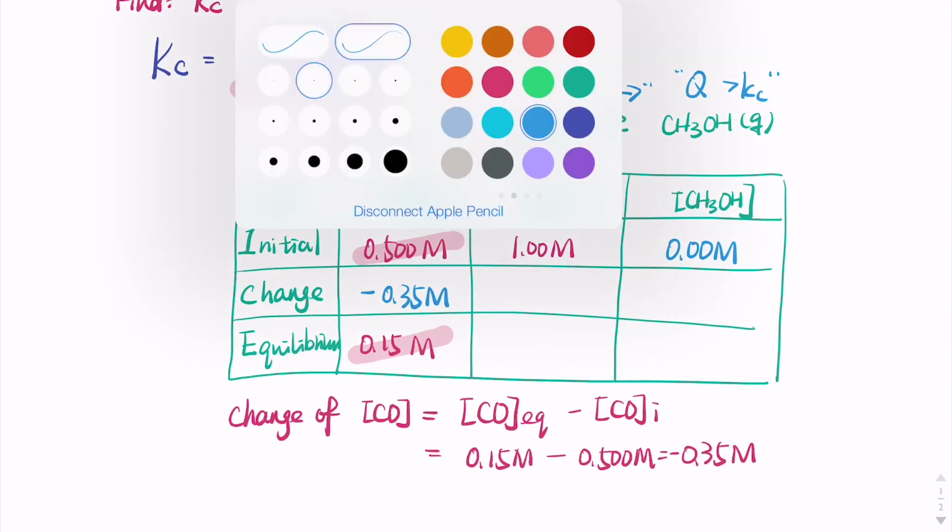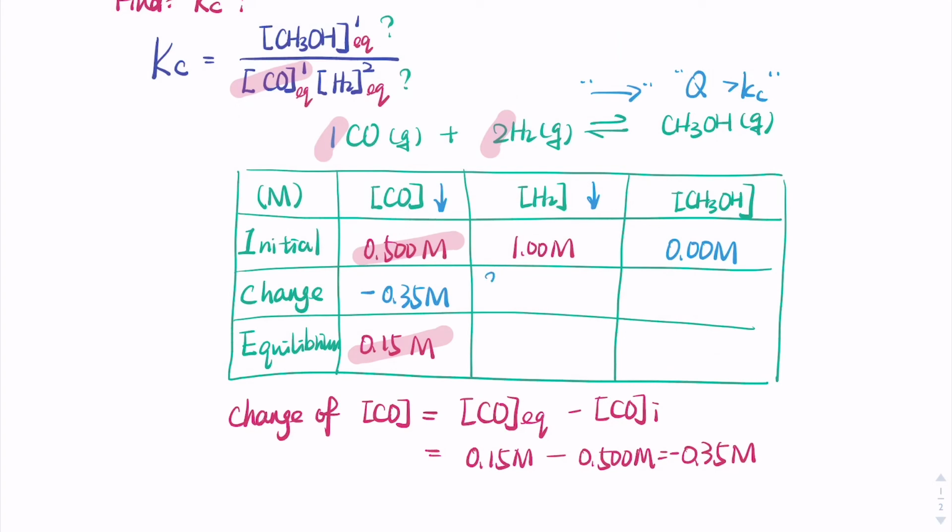You're gonna have 2 coming from the stoichiometric coefficient, 2 times negative 0.35, which turns out to be negative 0.70. That's the change of H2, and at equilibrium it's gonna be 0.30. Same logic for the product, whose coefficient is 1. It's a 1 to 1 ratio with carbon monoxide.